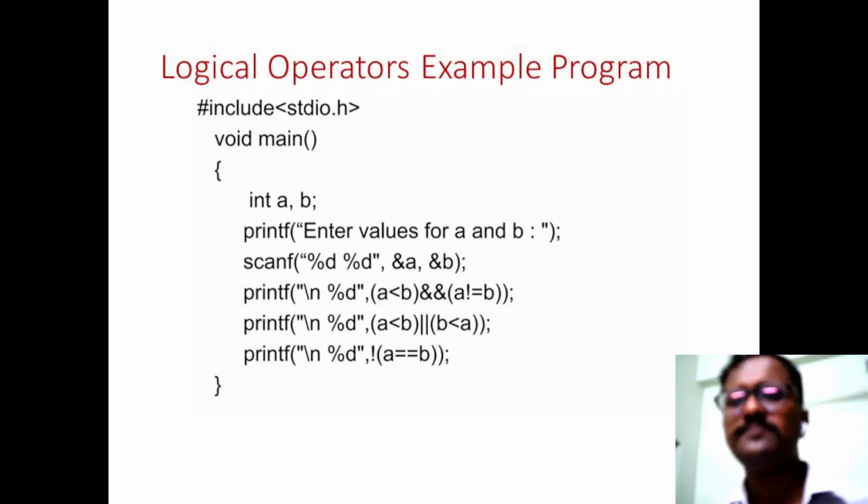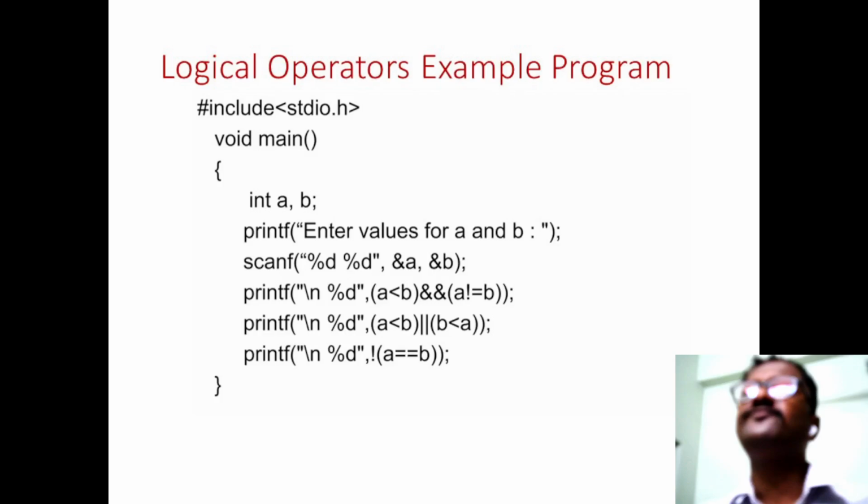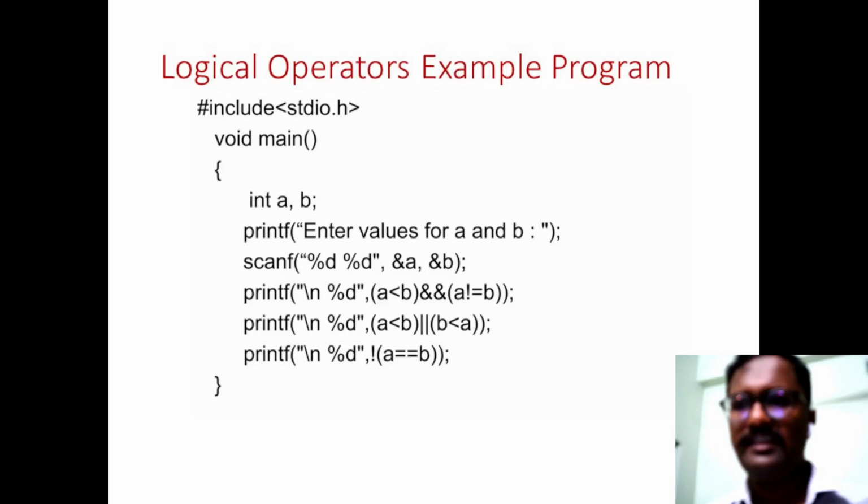The first print will output 1 if A is less than B and A is not equal to B, otherwise 0.